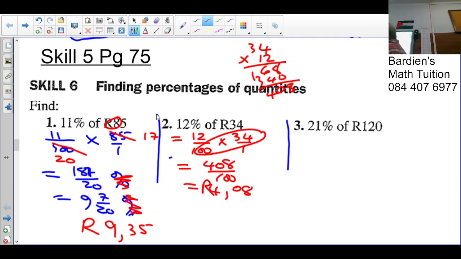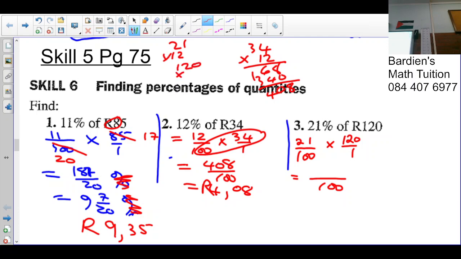Alright, the last one here of skill 6 is 21 over 100 multiplied by 120 over 1. Again, I'm going to keep this denominator being 100. So it's going to be 21 multiplied by 120, which gives you 2520.